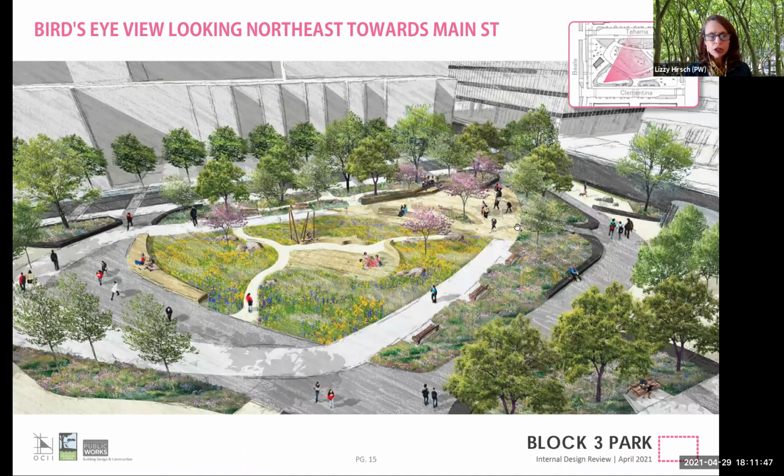So just to get a closer look into the main portion of the clearing, you can see we have this circular circulation that gets you through the park with a meadow at the center, with a deck at the top for gathering, lots of gathering spaces along the pathways for individual gatherings, a lower deck within the meadow, and then this area that is kind of a plaza zone right between the 2 blocks, block 4 and block 2, as a kind of flexible space.